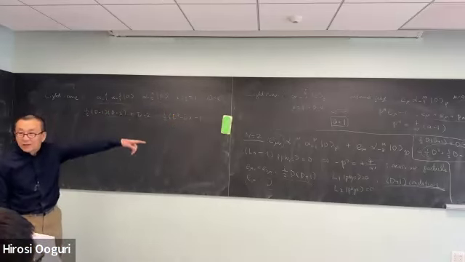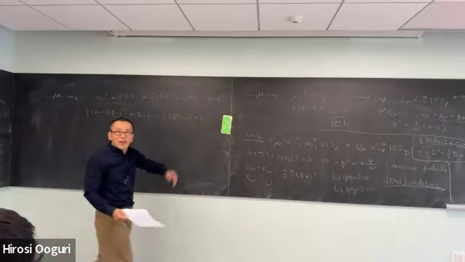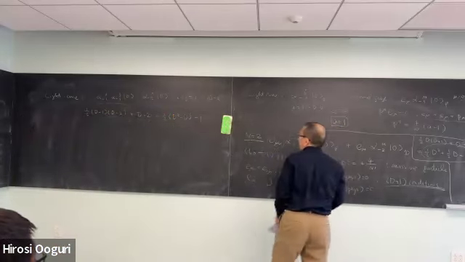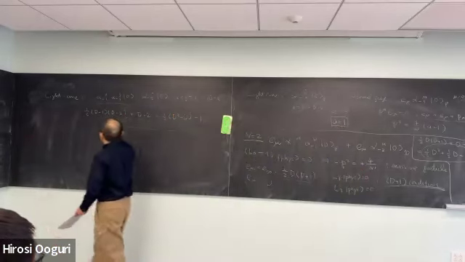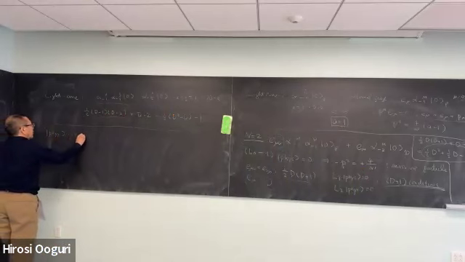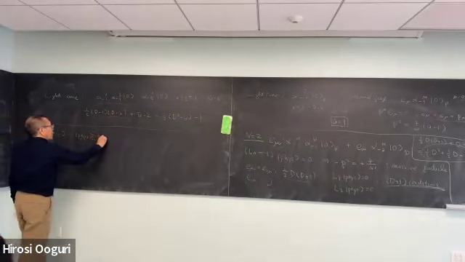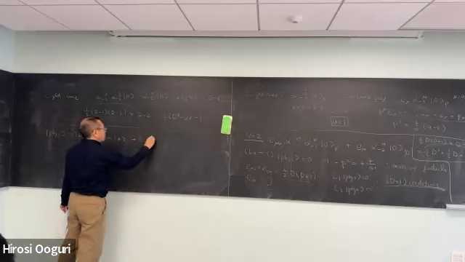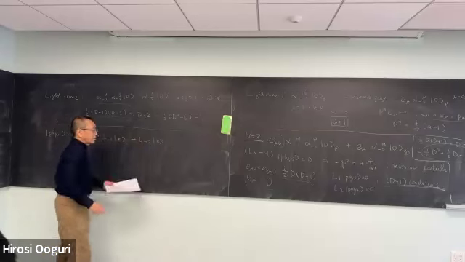Okay, they don't agree, but it's not surprising because we still have to impose in the conformal case the condition that the two physical states are equivalent modulo L minus 1 acting on something and L minus 2 acting on something.